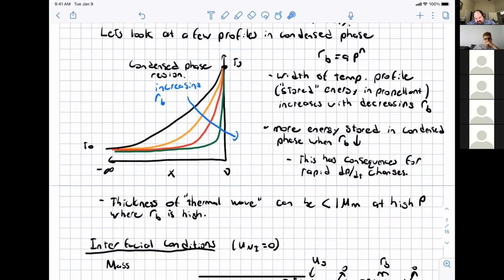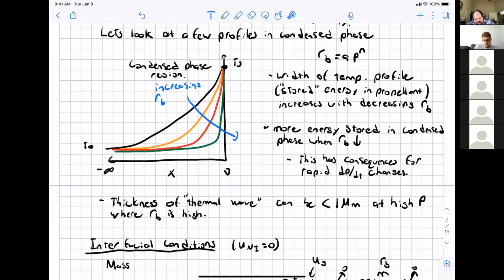Basically, why this profile gets broader the slower the burning rate is just has to do with heat conduction. Basically this here is called a thermal wave. I hate the term thermal wave because it's not a wave equation that is causing this.